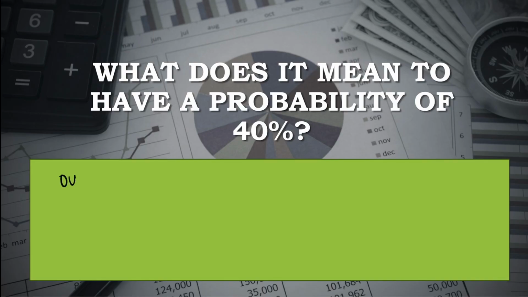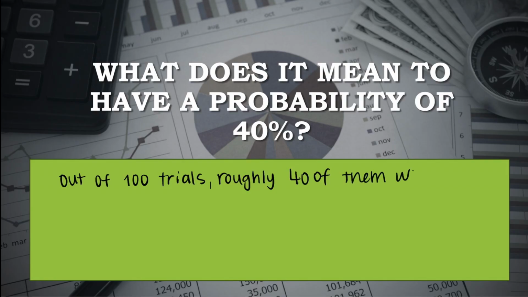So that means out of 100 trials, or out of 100 data points, or whatever you're looking at, roughly 40 of them, I guess, will be a success. That's essentially what it's saying.